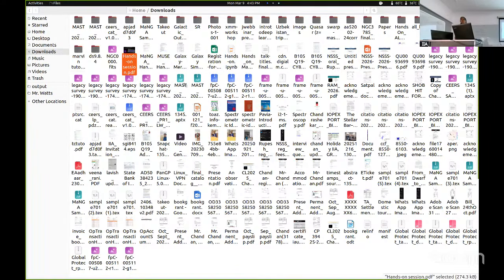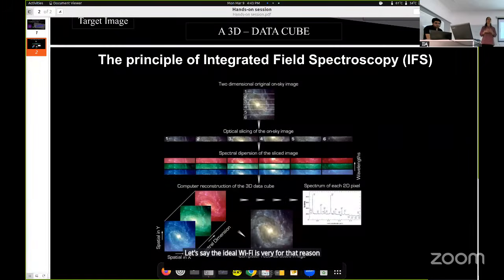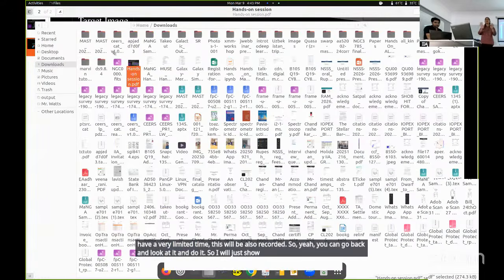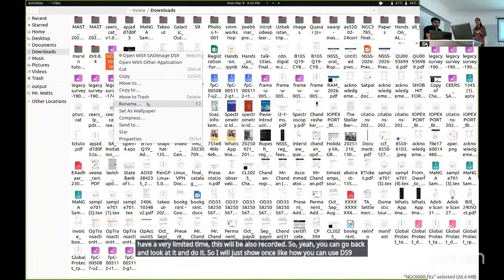They're saying the Wi-Fi is very slow. Okay. Since we have very limited time, and this will also be recorded, you can go back and look at it and do it later. I will just show once how you can use DS9 to visualize the data.